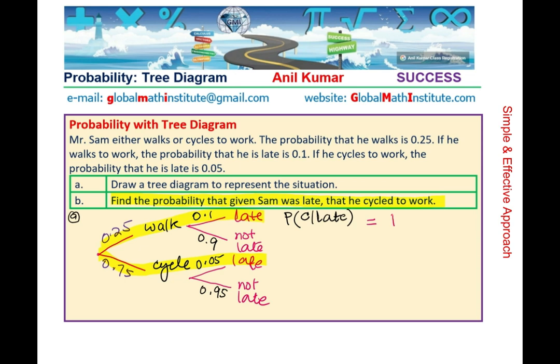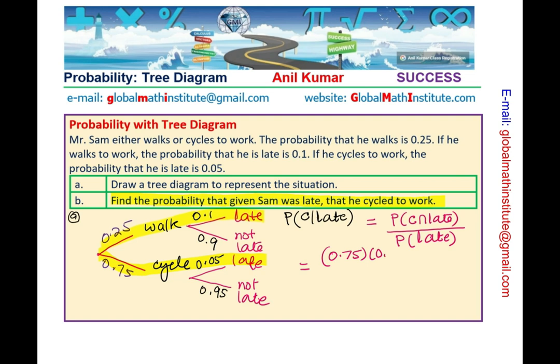means we have to write the probability, that is, cycles intersection late. You understand? And here we have the probability of coming late. You get the idea. So we can now calculate this. Intersection means he cycles and is late, which is 0.75 times 0.05, correct?